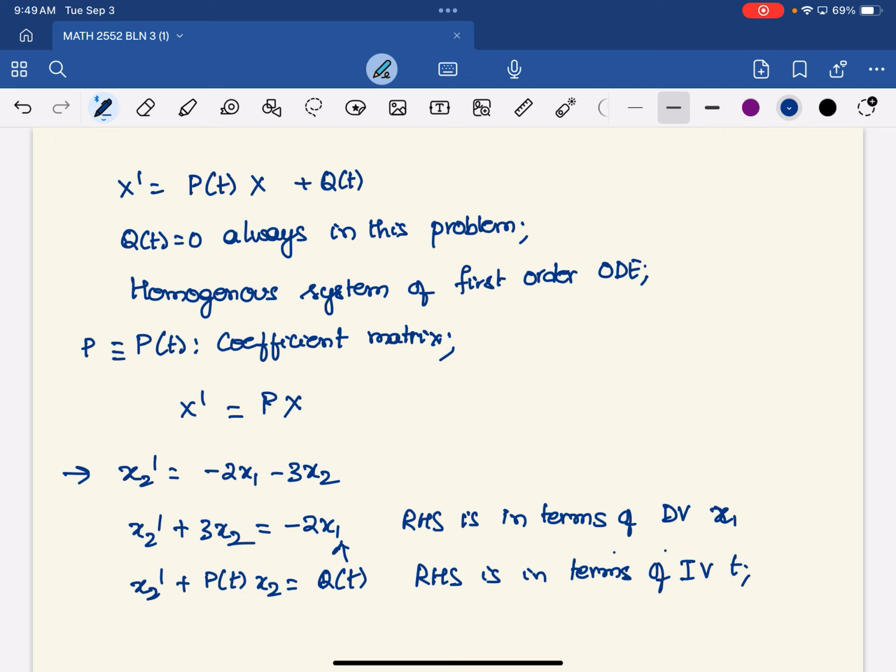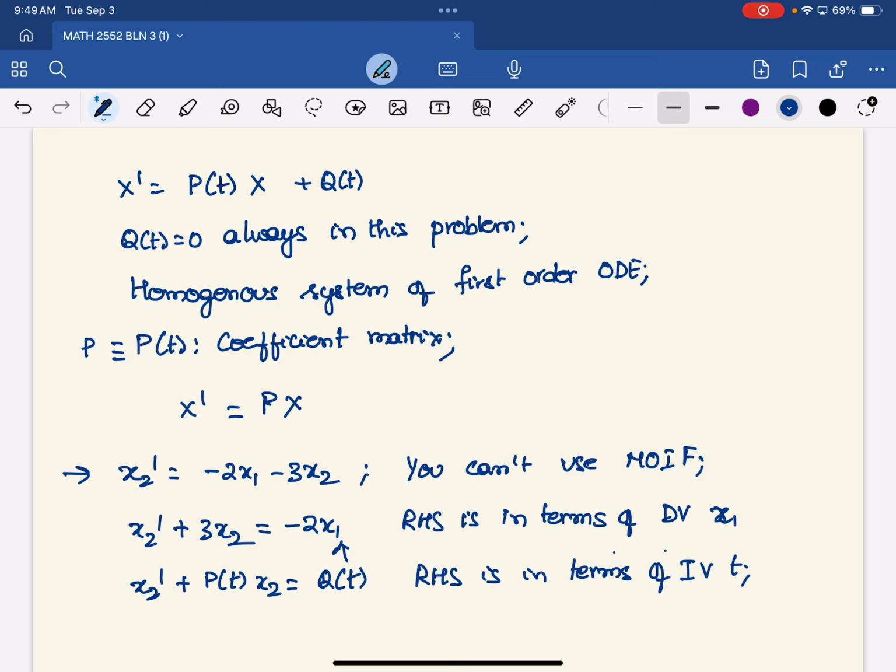So that's why you cannot use the concept that you studied from the previous chapter. You cannot use the method of integrating factor on this problem, not even on the first equation.